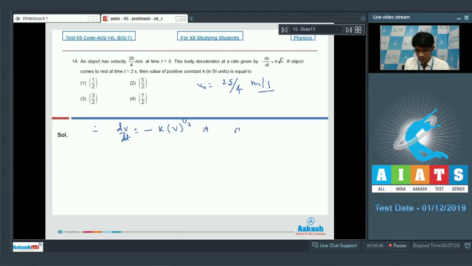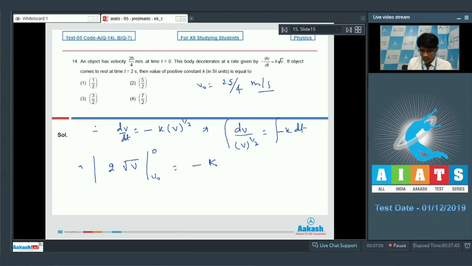Integrate this function and we will have dv divided by v to the power 1 by 2 must be equal to minus k dt. The integral on this side gives 2 root v, from t equal to 0, where the velocity was v naught, finally to 0. So it is minus k into time t, which was 2 seconds.